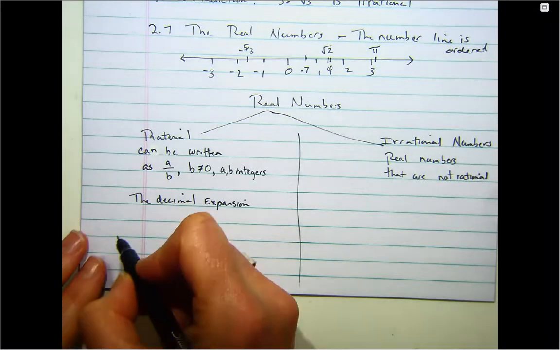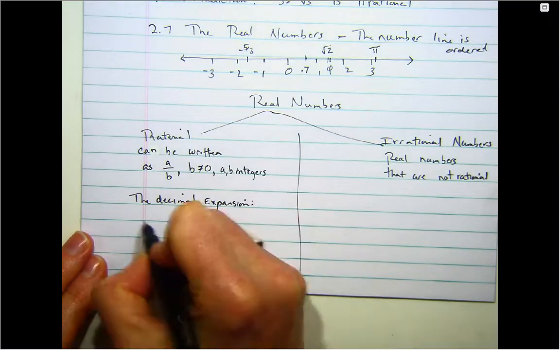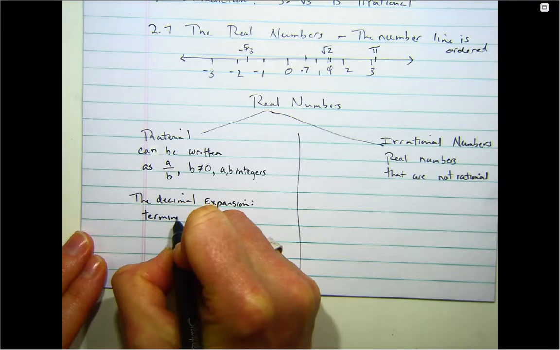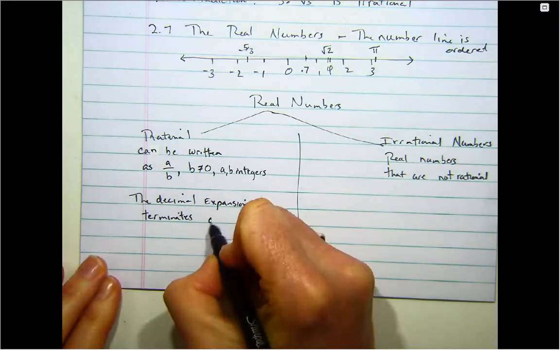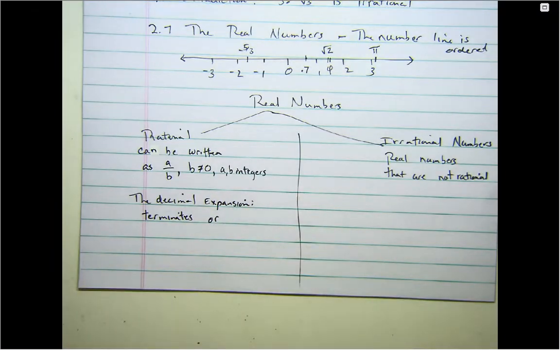So the decimal expansion terminates. Okay, so you come to a point where there's nothing but zeros left on the right. Or there's one other way to tell a rational number from its decimal expansion. Does anyone know what it is? Is it when it repeats? Yeah.